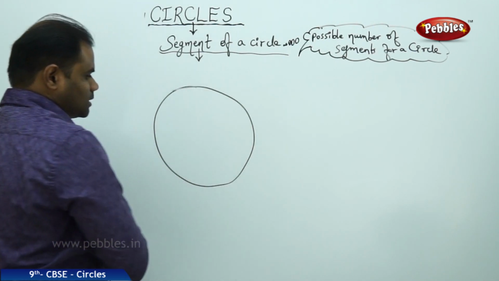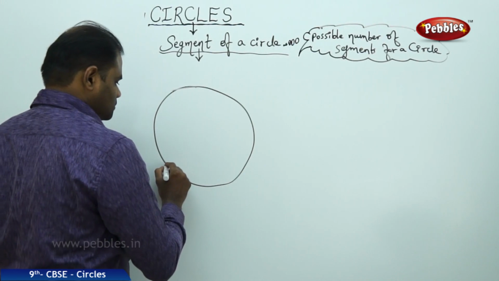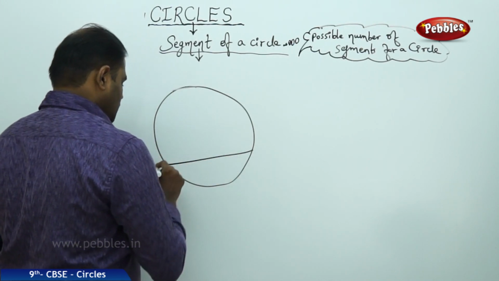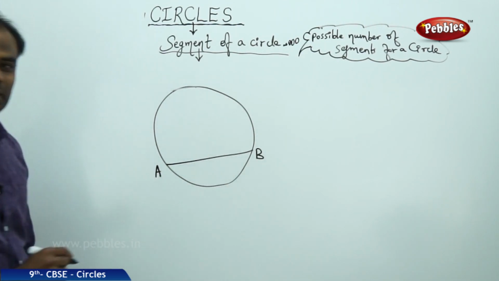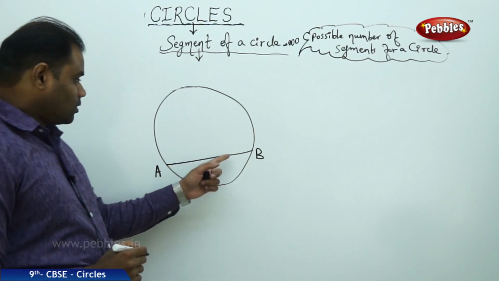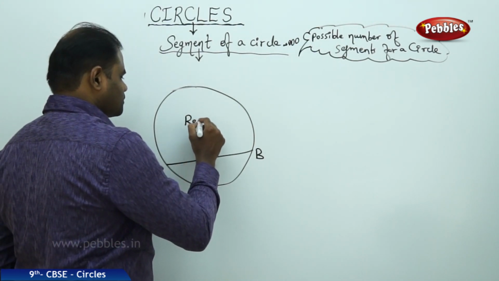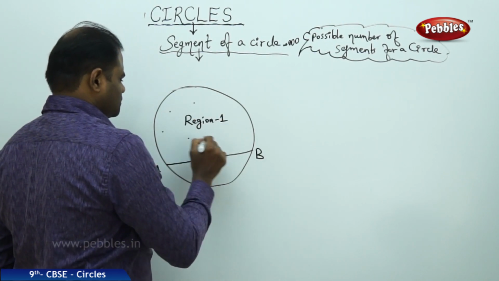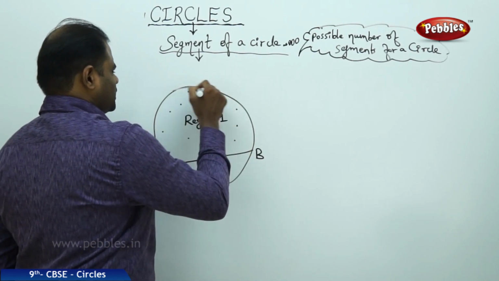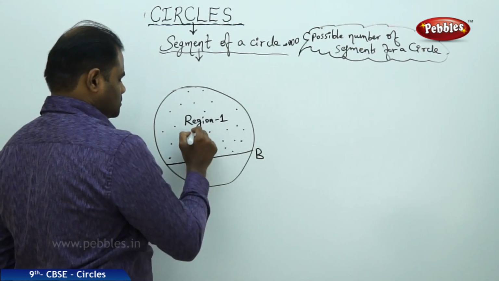So here is a circle, and let's take the chord. I have a chord AB out here. Then clearly I see that this chord is making two regions. Region 1 is denoted by dotted lines.